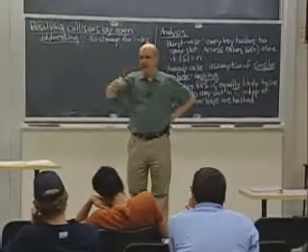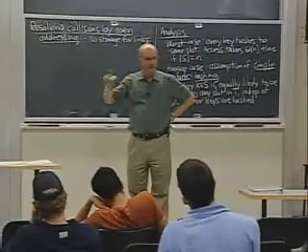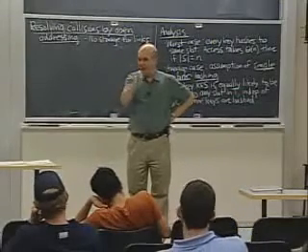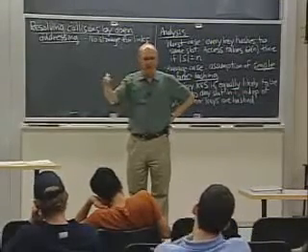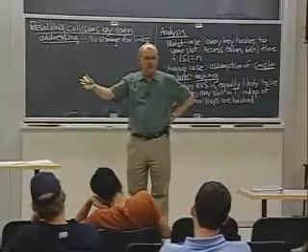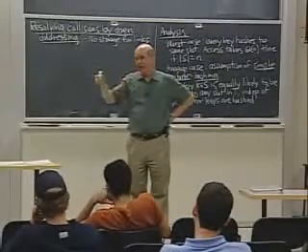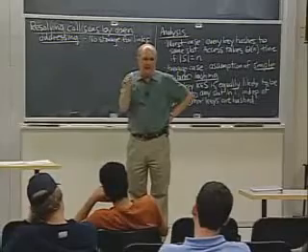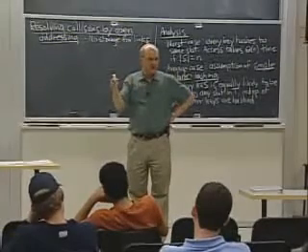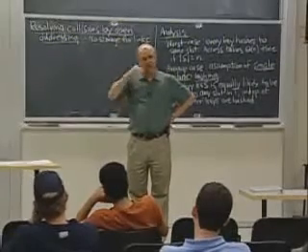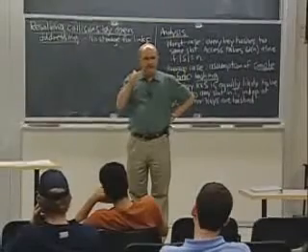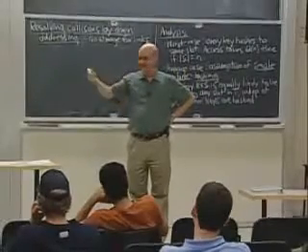I keep this probe sequence, which hopefully is a permutation so that I'm not going back and checking things I've already checked, until I find a place to put it. If I've got a good probe sequence, hopefully I'll find a place fairly quickly. And then to search, I just follow the same probe sequence.